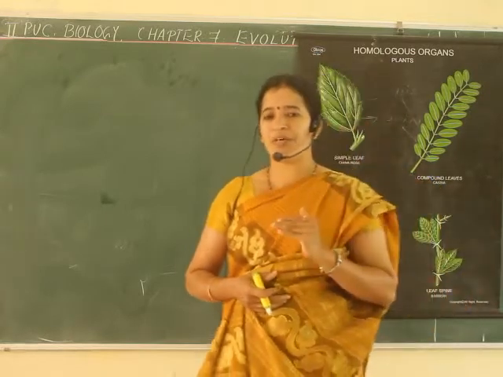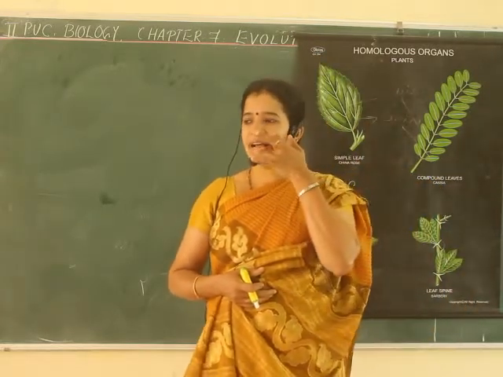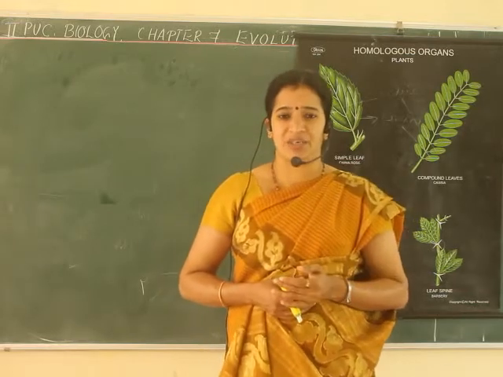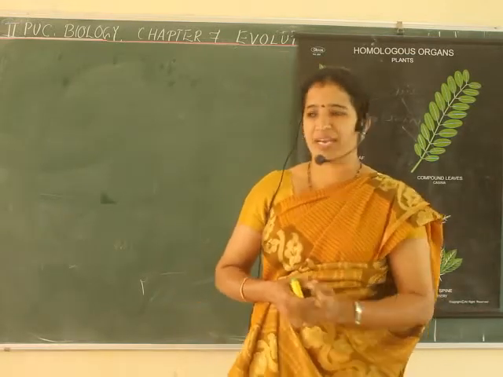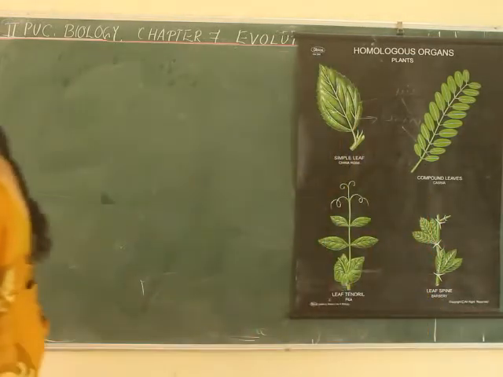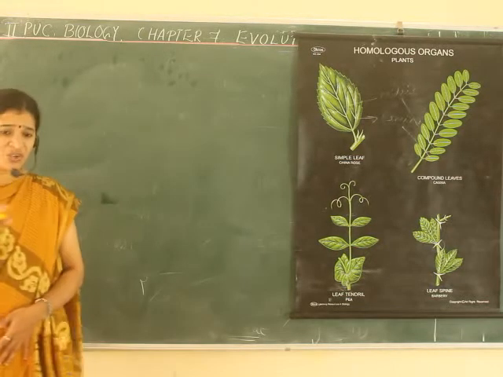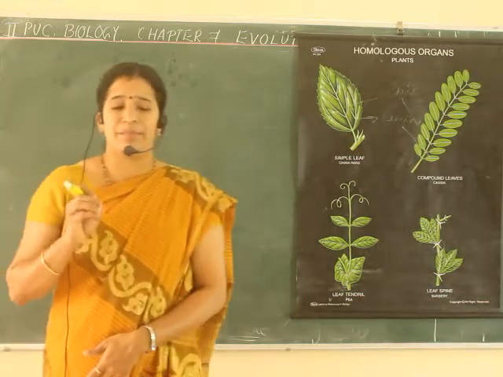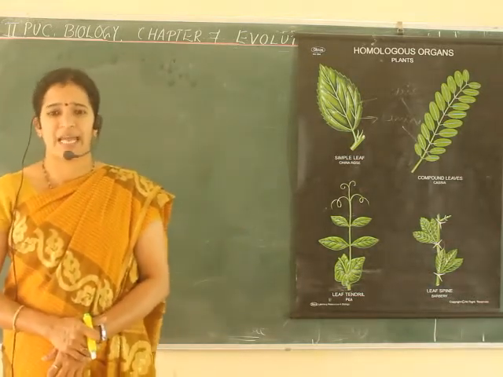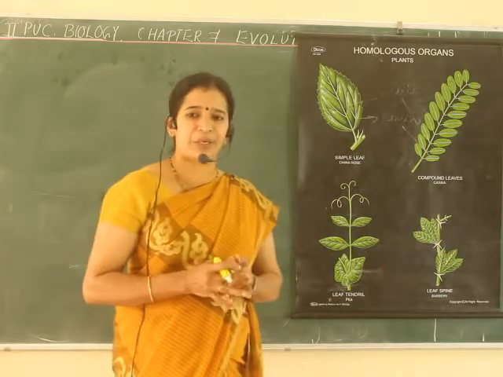So he supported that life on earth is not created as such, and a lot of changes have occurred. Complex organisms have evolved from simpler forms of life, and he understood that natural selection is the mechanism by which this evolution has happened. So what does natural selection mean?